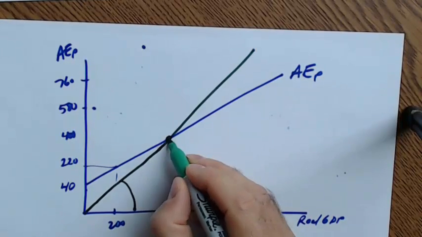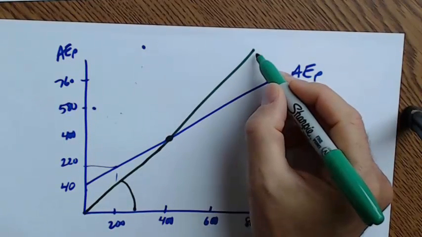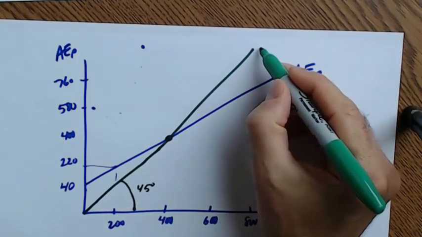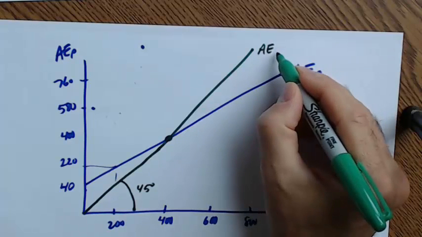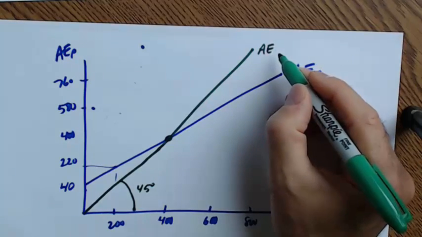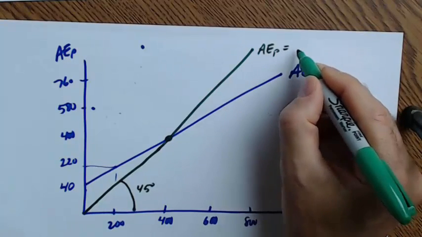Okay, and so notice the 45-degree line is going right through our equilibrium. This 45-degree line, I'll put 45 here, is the place where your planned aggregate expenditures, or your aggregate expenditures in total, equal your GDP.